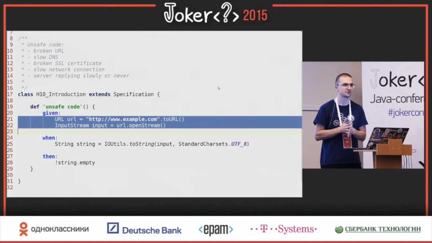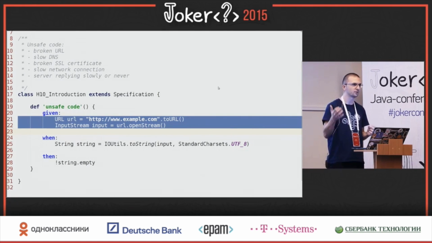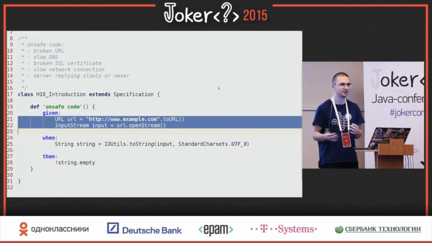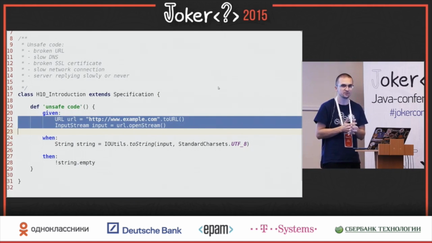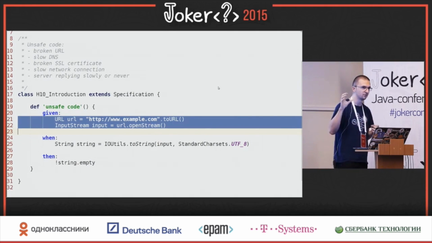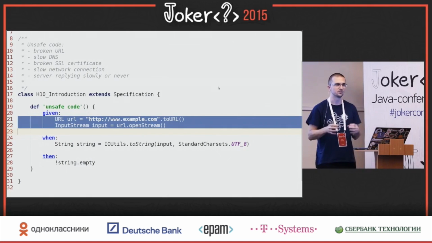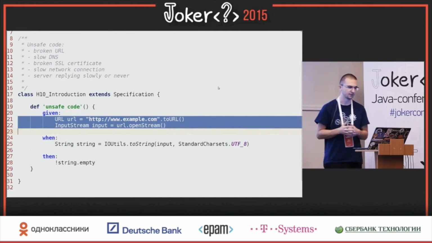So what Hystrix does is it tries to shield you from the issues with the actual surroundings, so that if one of your collaborators, the systems you depend on, for example the example.com domain, has some issues, it's down, it's slow, or something even worse happened to it, Hystrix tries to protect you from it so that the failures of the systems that you depend on do not propagate to your system. So your system does not become unstable just because some other system became unstable.